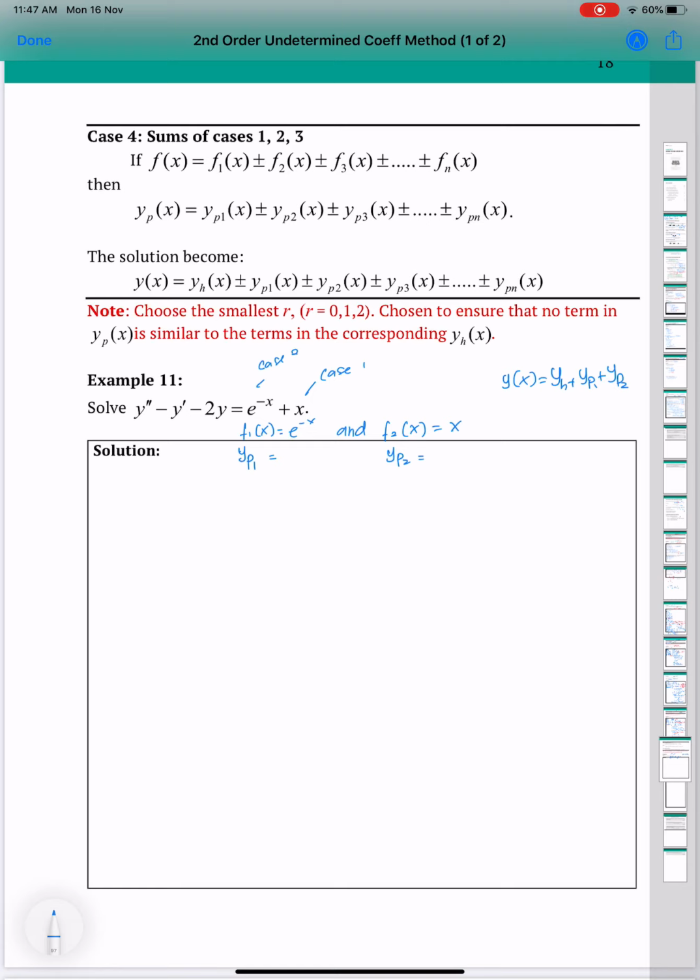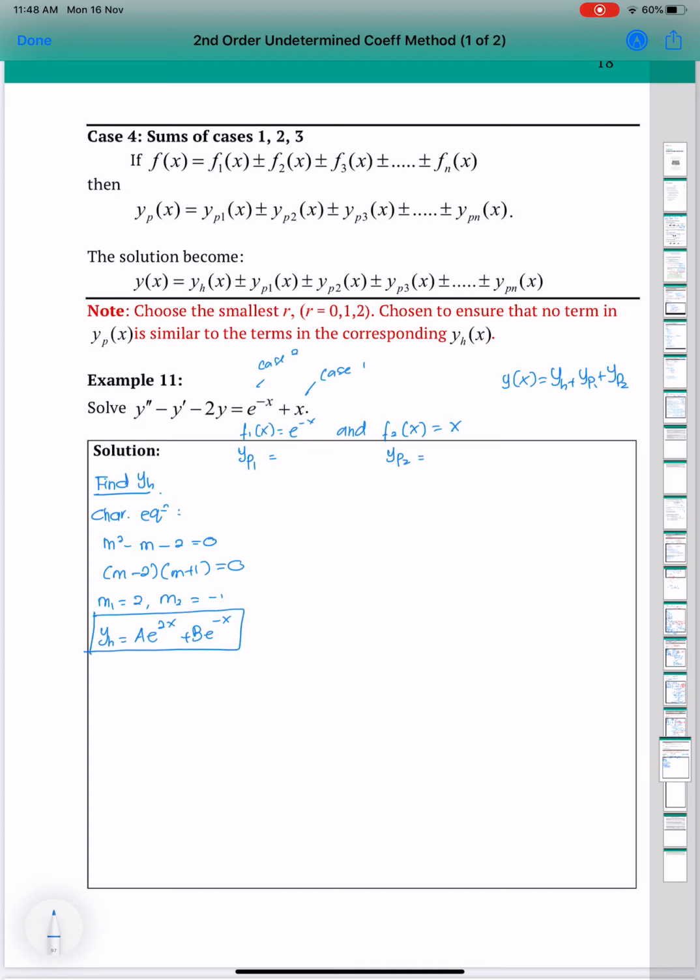First, of course, we must find the homogeneous solution. So we have the characteristic equation m square minus m minus 2 equal to 0. I can write this as (m minus 2)(m plus 1) equal to 0. So m1 equal to 2, m2 equal to negative 1. So my yh is equal to a exponent 2x plus b exponent negative x.